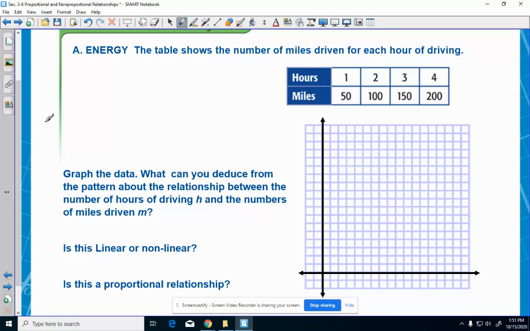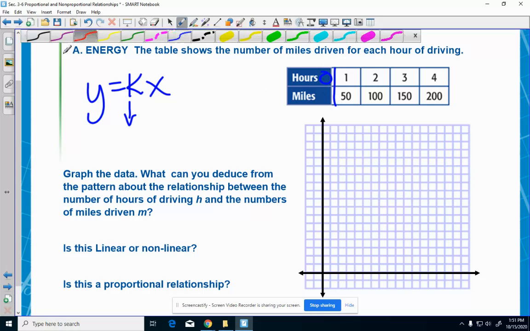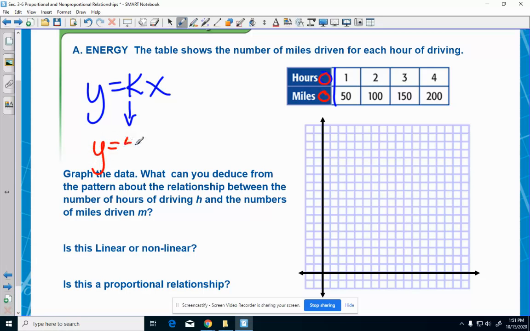So if that's true, then it's guaranteed that it's got to fit that form. So all you've got to be able to tell me is, what's k? And it's 50, right? Every single time it's 50 divided by 1, 100 divided by 2, those all give you an answer of 50. Or if you came backwards, 0 and 0 would definitely be the next ordered pair in that path. So this equation would be y equals 50x. Done.